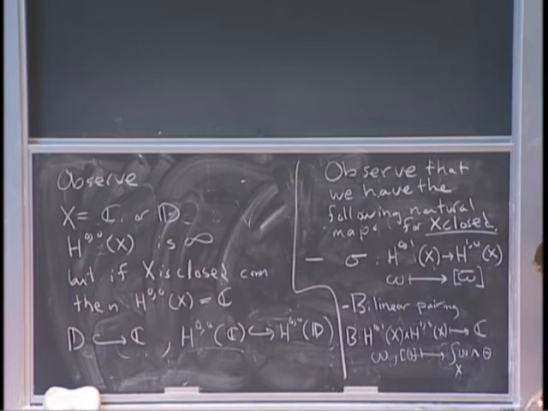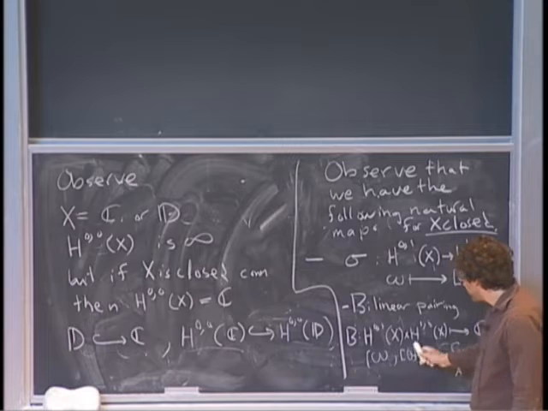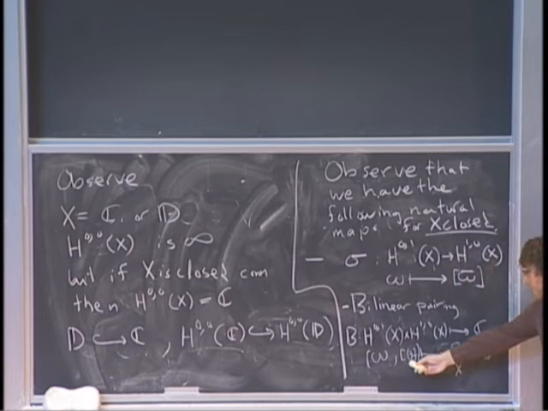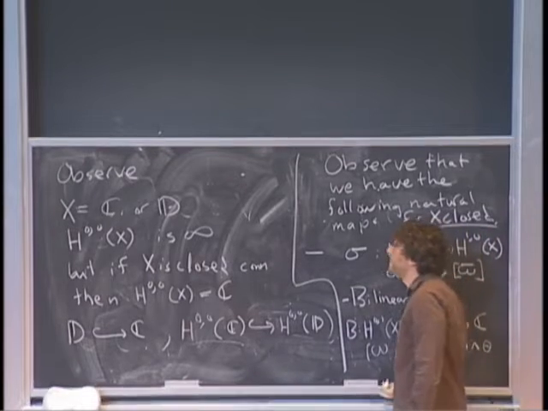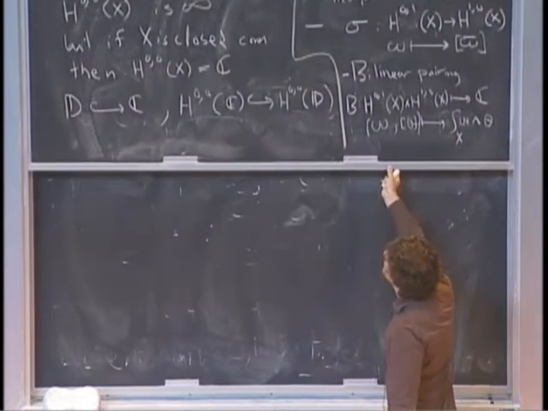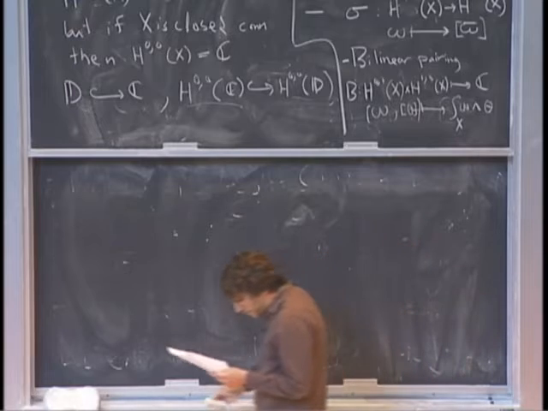So the point here is that, again, you should check this, but we're taking a representative of this and then integrating it. And this is independent of the choice of representative exactly by Stokes' theorem, because if we change the representative here, we'd have a d here that we could pull out and get 0. But you should convince yourself of that. Okay, so we have this bilinear pairing.